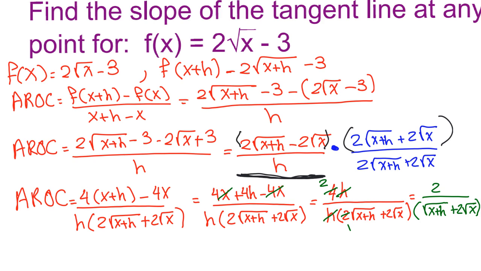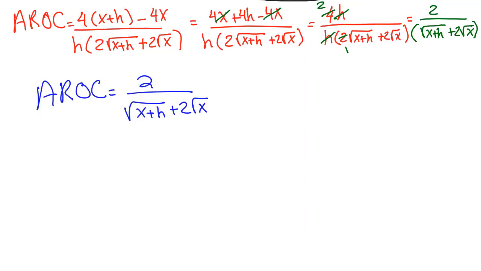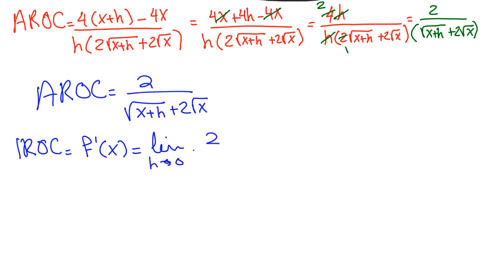So just make sure that you're going along the steps when you're looking at this question. Your AROC is equal to 2 over square root of x plus h plus 2 square root of x. Now I'm ready to do my IROC, which is the same as the derivative of x, because it's not at a specific point, it's at any point, which is equal to the limit as h approaches 0 of this big chunk.